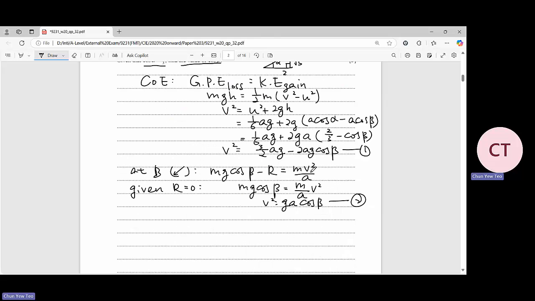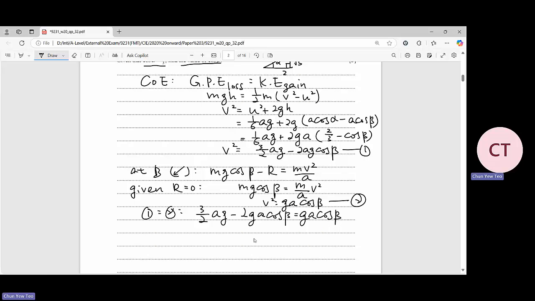Let them equal. If you let them equal, you will get 3/2 ag minus 2 ag cos beta is equal to ga cos beta.